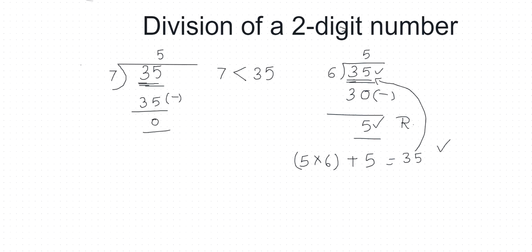Now we will go for division by a larger number. Okay. We'll go for division of little larger number. Say for example, 26,775.